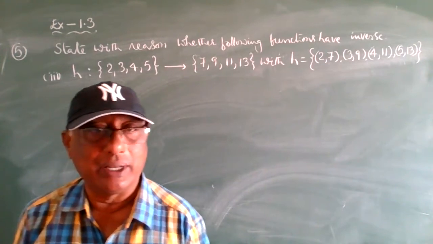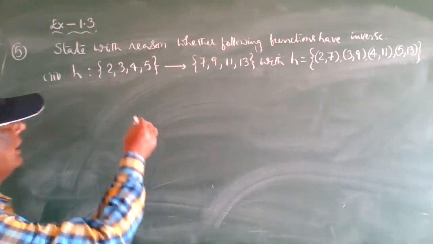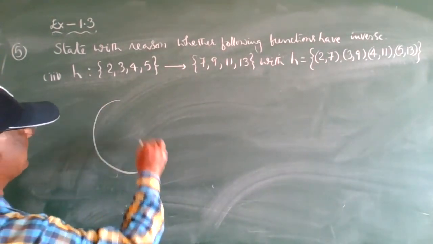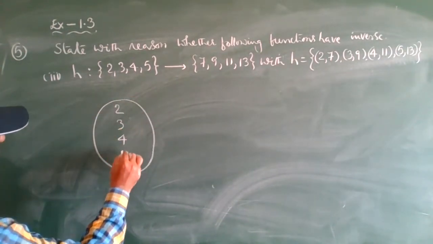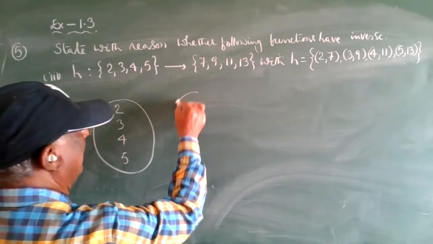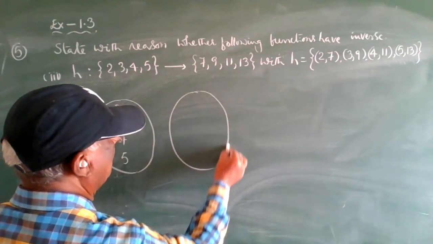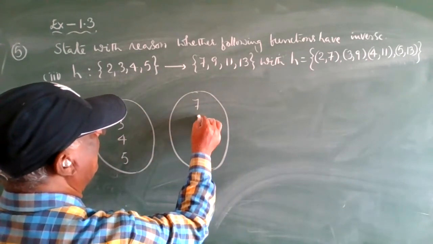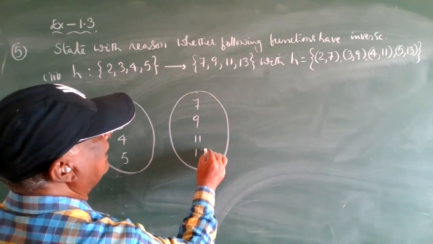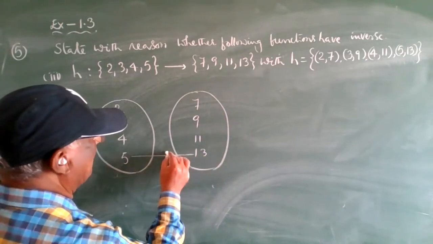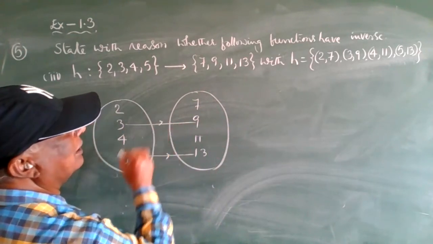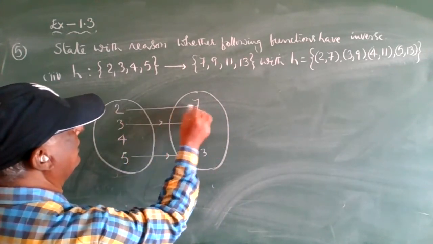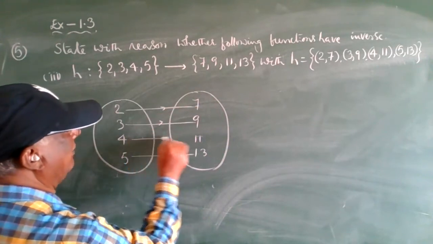First draw the figure. The domain set is 2, 3, 4, 5. The codomain set is 7, 9, 11, 13. 5 to 13, 3 to 9, 2 to 7, 4 to 11.